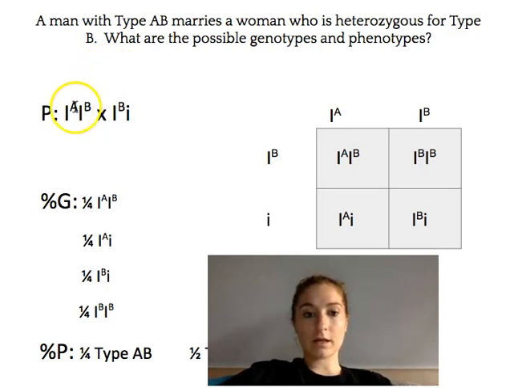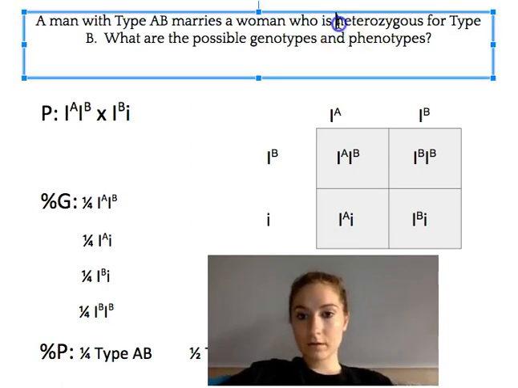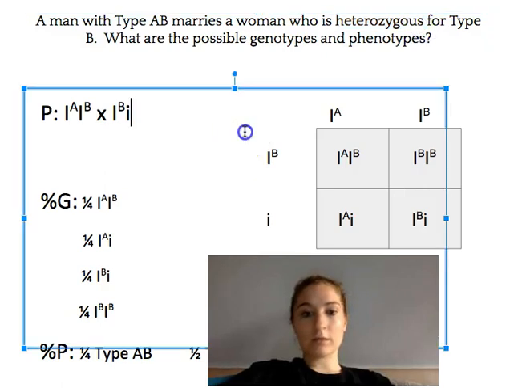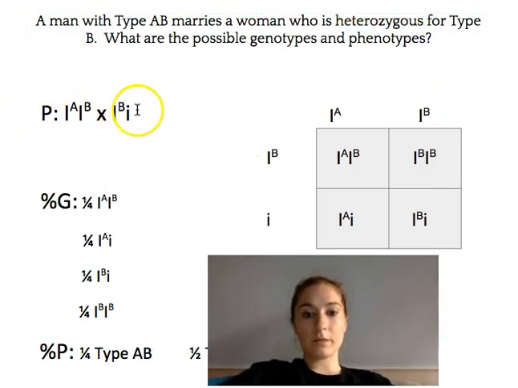It would have to be IAIB. But then you have to look at the B blood because you could have all capital B's or B and little i. It said heterozygous here, so it's automatically going to be B little i because it has to be different.